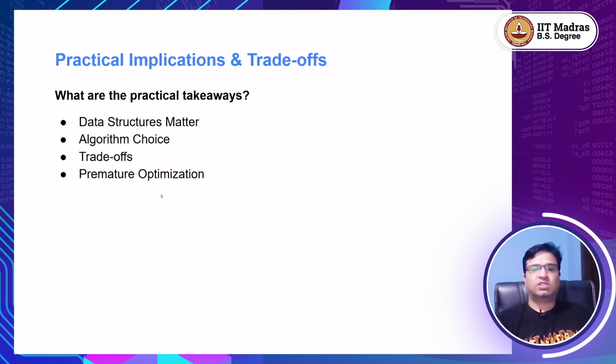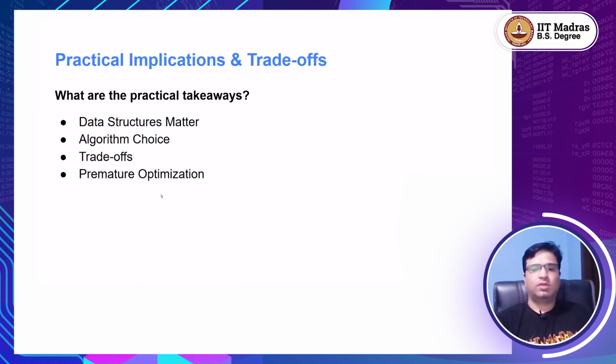Suppose we are sorting 10 to the power 6 elements, and one algorithm takes n squared time. That will take too much time. But if we have another algorithm that takes n log n time, that will take far less time compared to n squared.